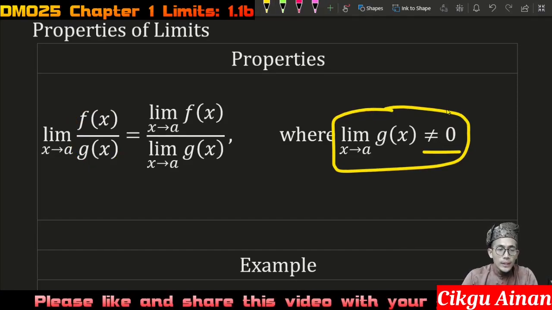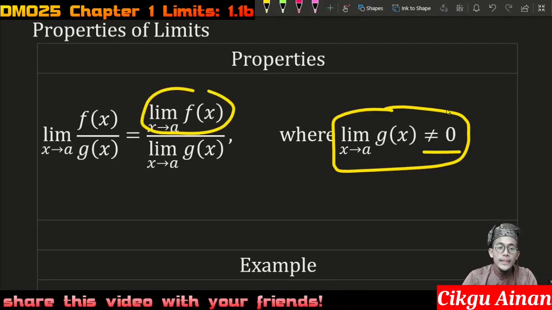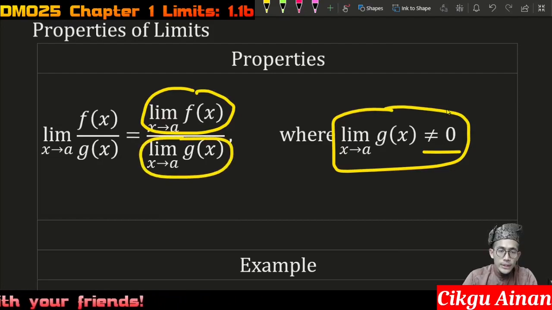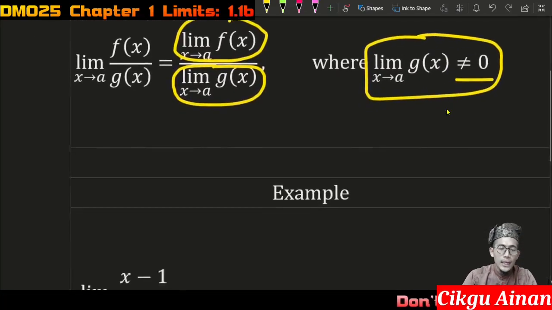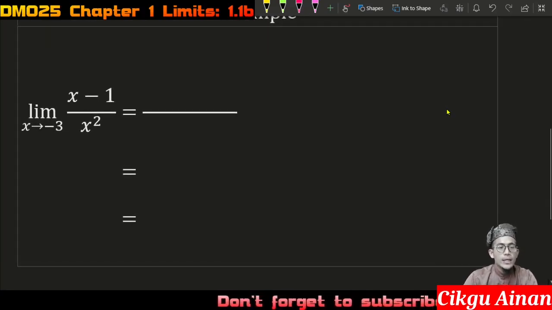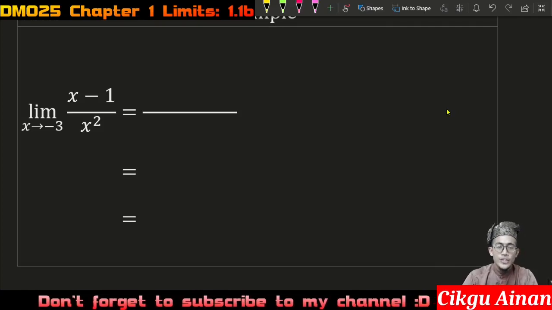It's just the same as finding the limit of the numerator and the limit of the denominator, and then we divide them accordingly. Now let's have a look at the example. The limit of (x minus 1) over x squared as x approaches minus 3.